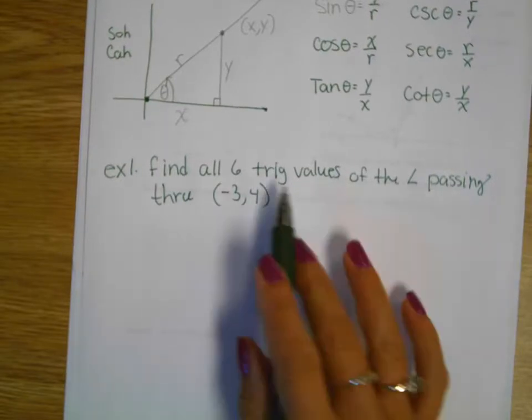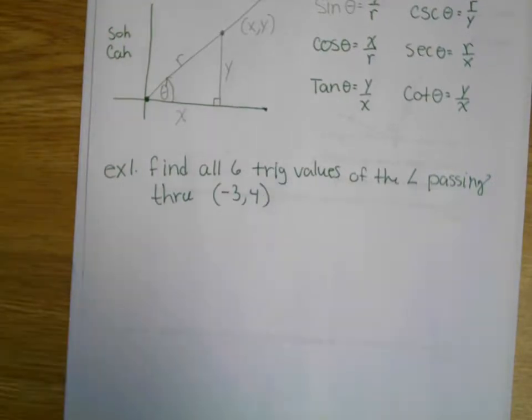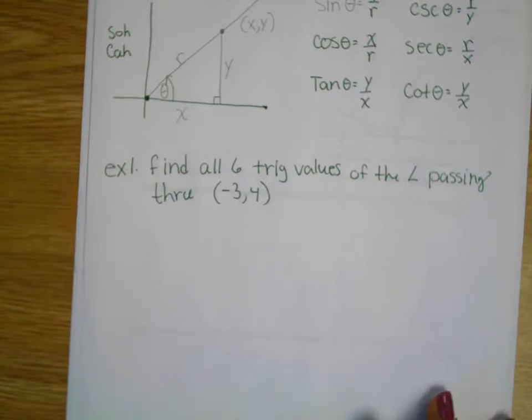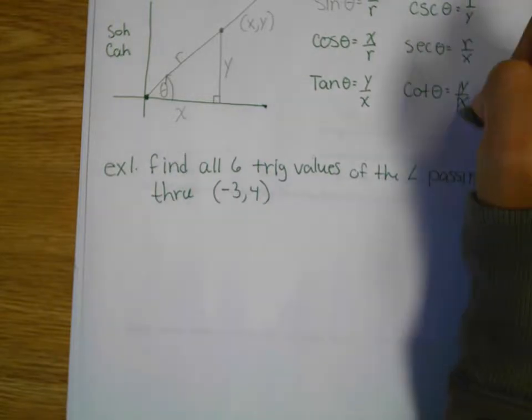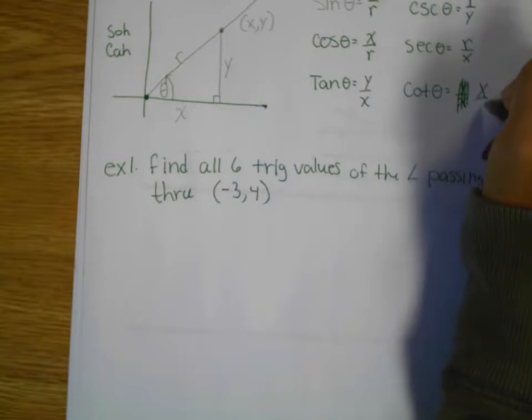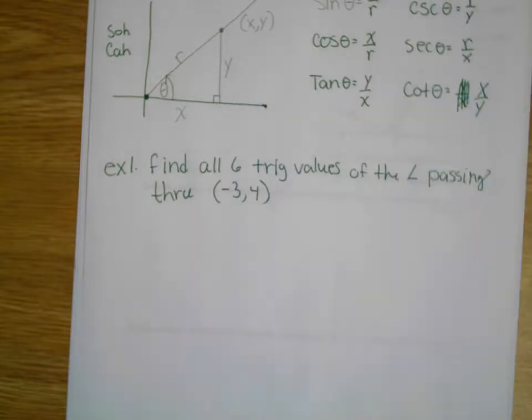So again, when it wants trig values, you need a triangle. I was wondering, for the cotangent, choose the x over y. Oh. Yes. Thank you. Then flip it over. X over y.